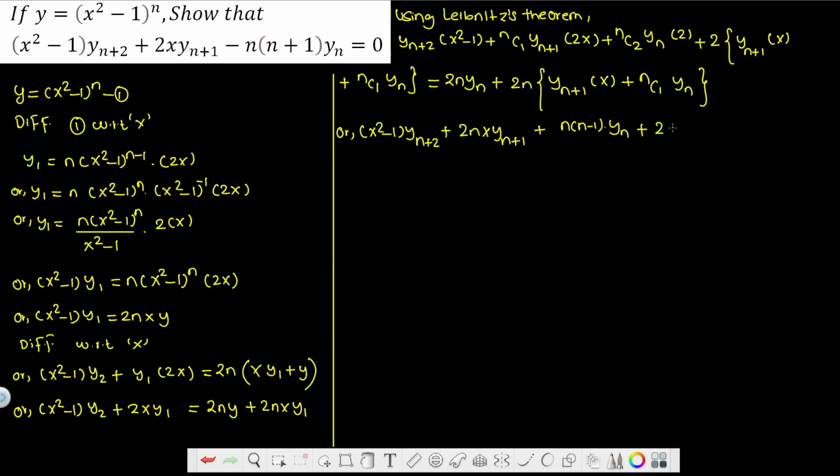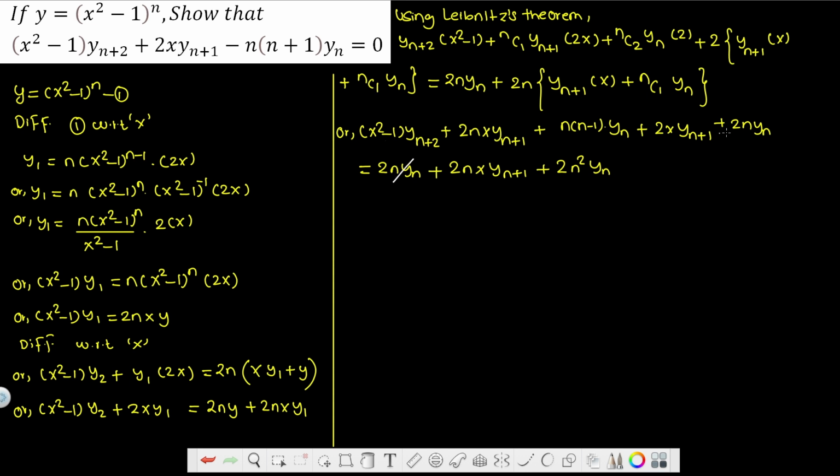We will get 2x y n+1 plus 2n yn equals, we have 2n yn here, plus now again distribute 2n inside the bracket. We will get 2nx y n+1 plus, since nC1 is n, when multiplied with this n we will get n square yn.